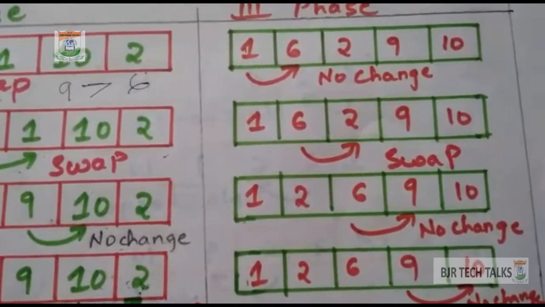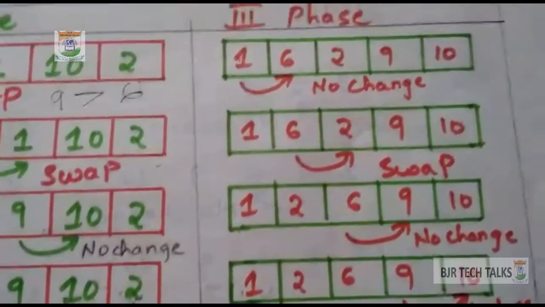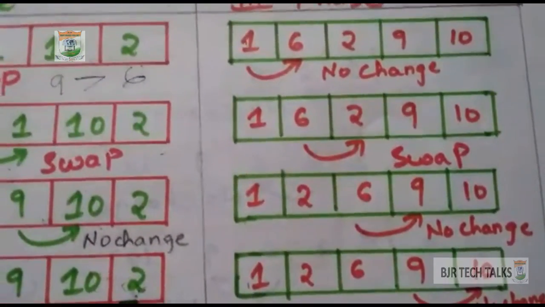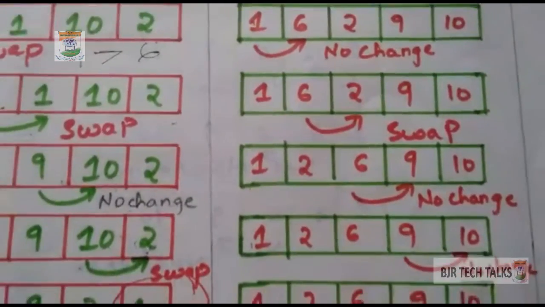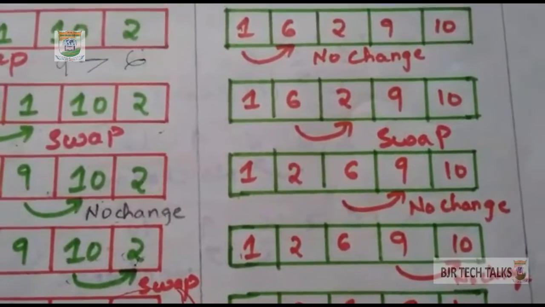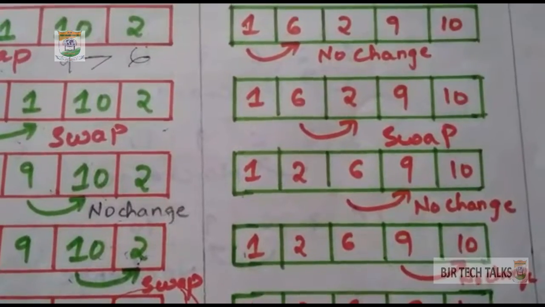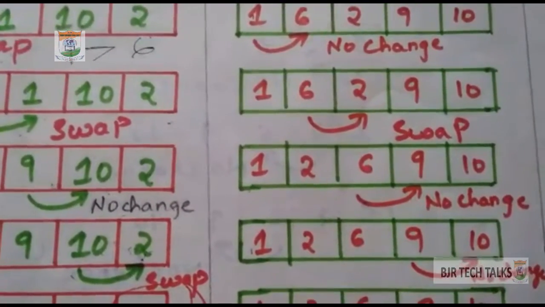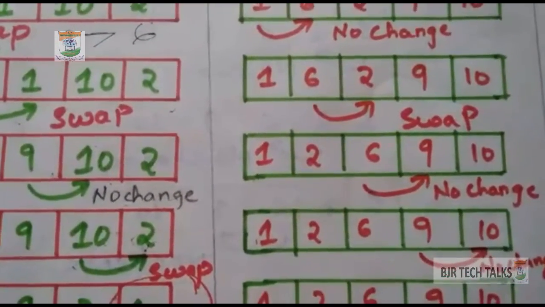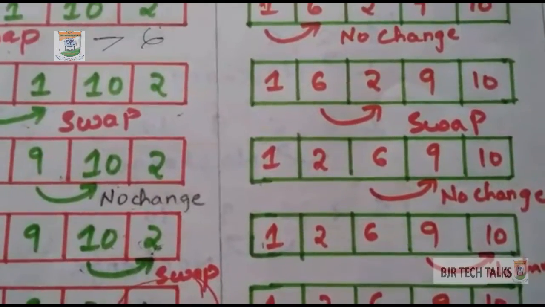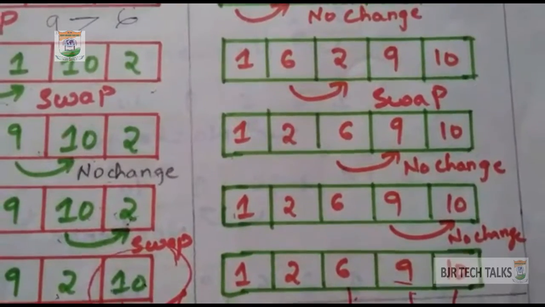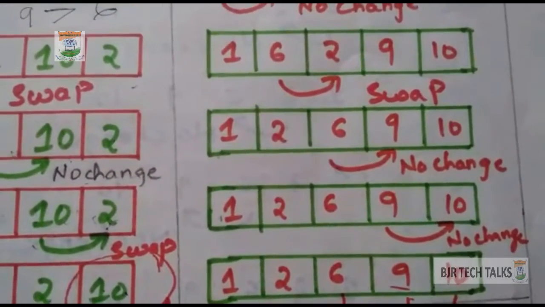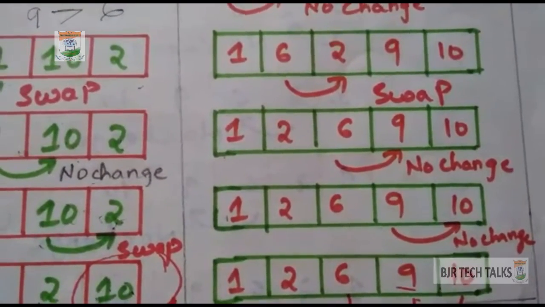Then you can see when 6 is compared to 9, no change because 6 is less than 9. And when 9 is compared to 10, here also no change, because 9 is less than 10 and they are in their correct positions. So no change. Here you can observe one thing: all the given elements have been sorted.